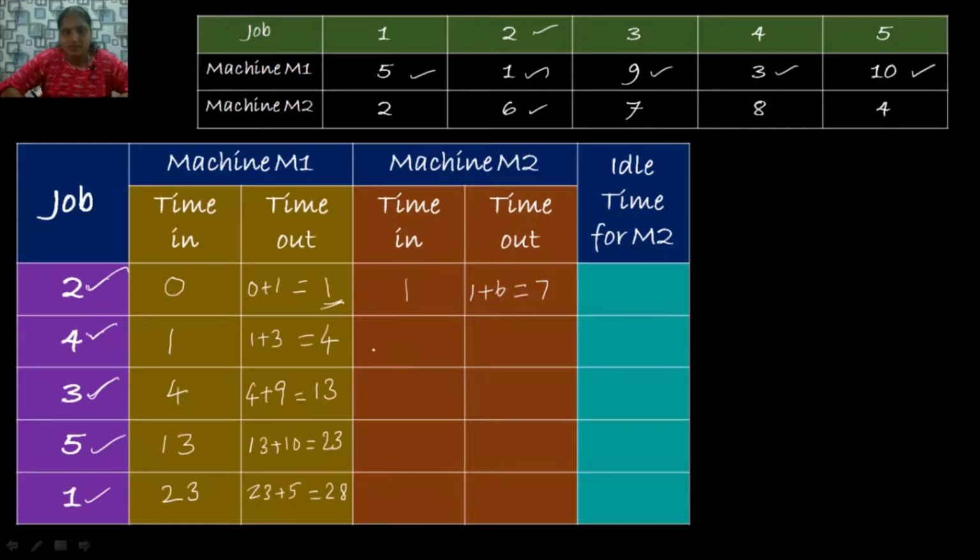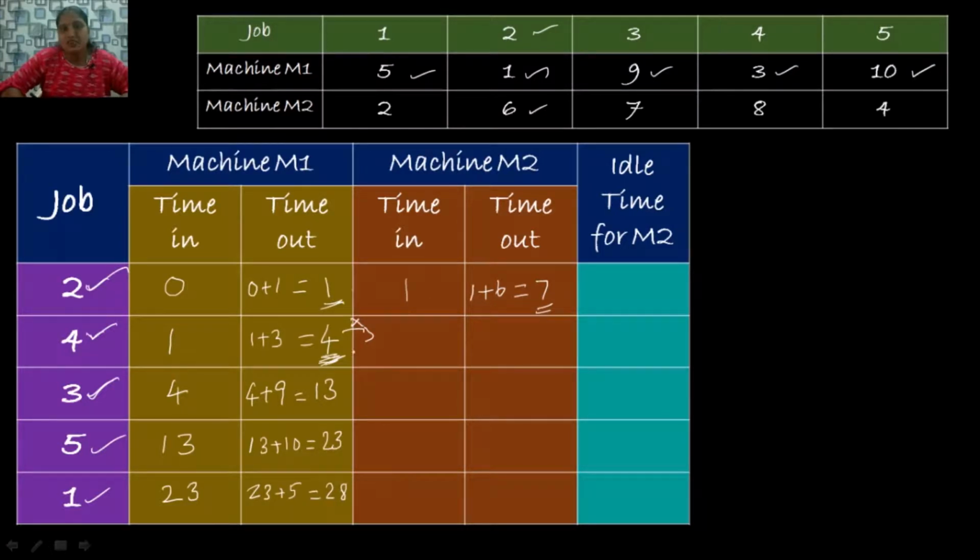Then next, look at here. Job 4 has completed its processing time on M1 at 4 hours, but it couldn't directly enter into machine M2, because at 4 hours M2 is still processing a job. The processing time of job 2 is not complete at 4 hours. So after completing its processing time on M1, job 4 comes out of machine M1 and has to wait till machine M2 is free.